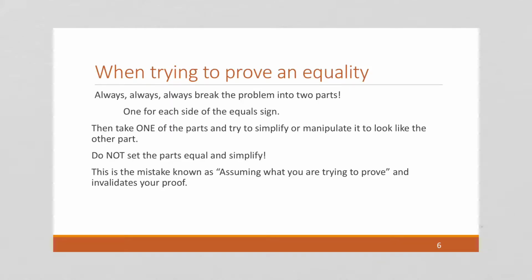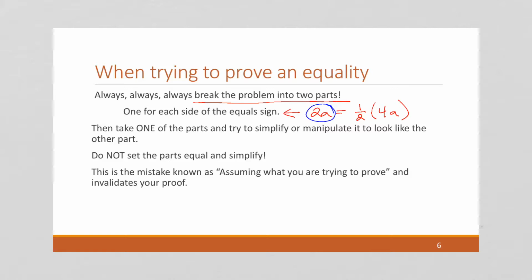So, really important is when we're trying to prove an equality, we always break the problem into two parts. I typically do one for each side of the equal sign. So if I'm trying to prove that 2a is equal to 1/2 4a, for example, I've got two parts to this equation.